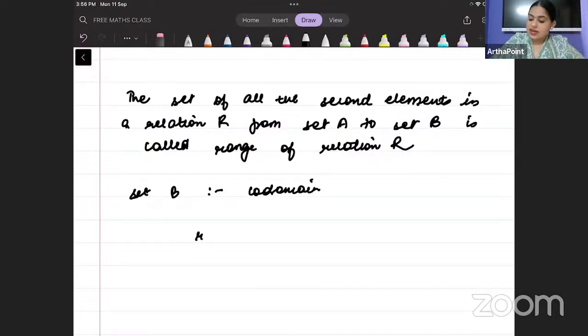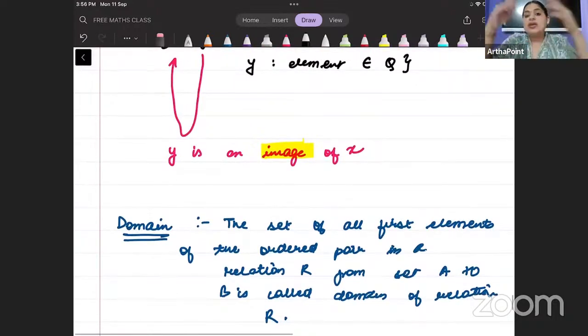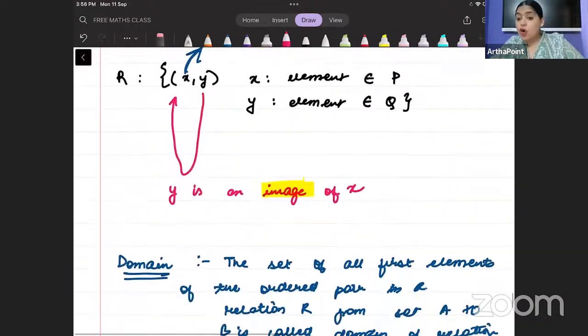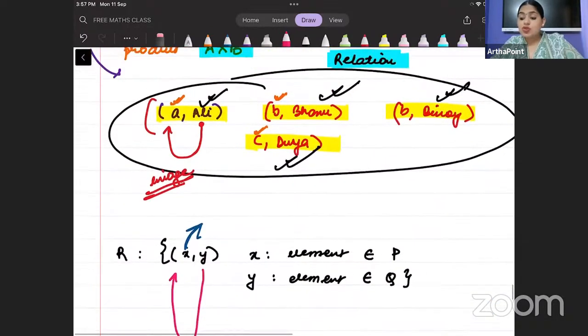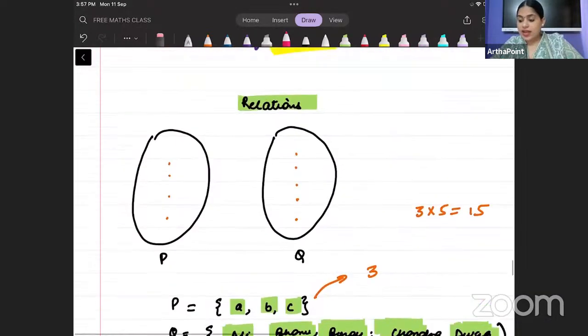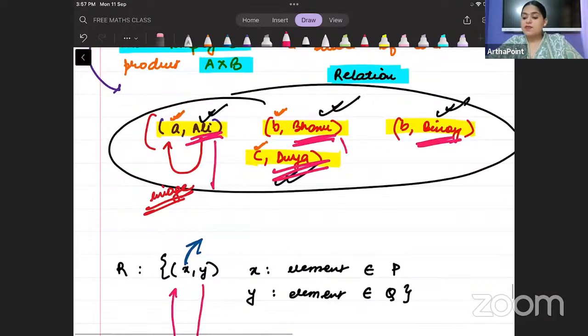So beta, we can say that range, look at what came in set B, try to understand. Set B is a whole set. Set B had all these elements, my children: Ali, Bhanu, Binoy, Chandra, Divya. This is my codomain. But which of these got connected with an x, which became an image? Ali, Bhanu, Binoy, and Divya. I cannot see Chandra anywhere. So this entire set is my codomain, but my range is 4 elements.